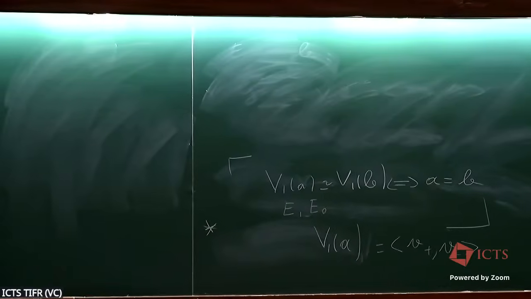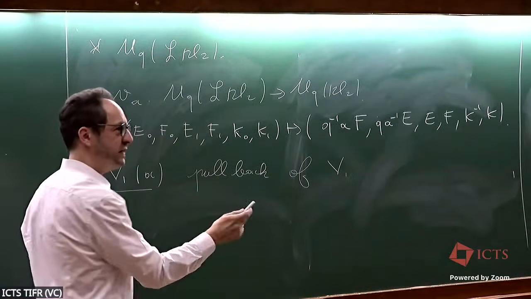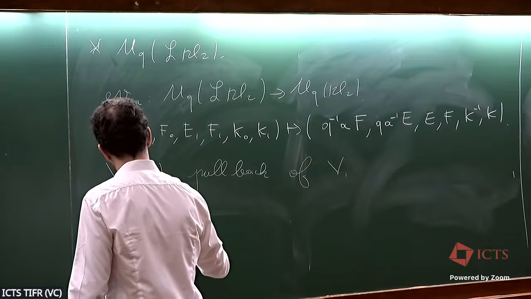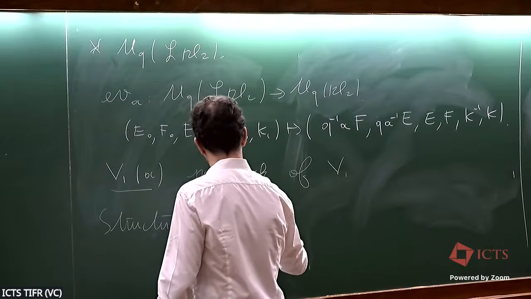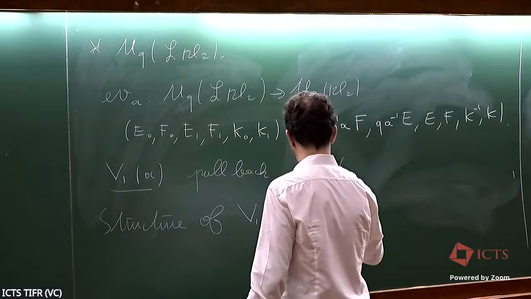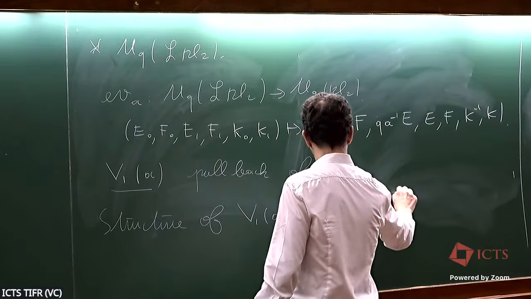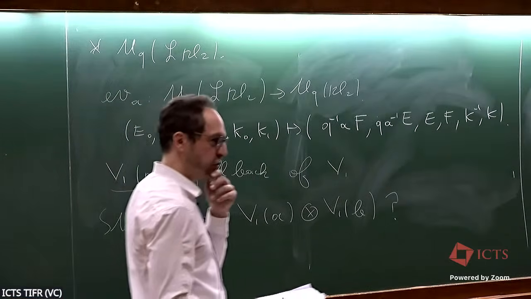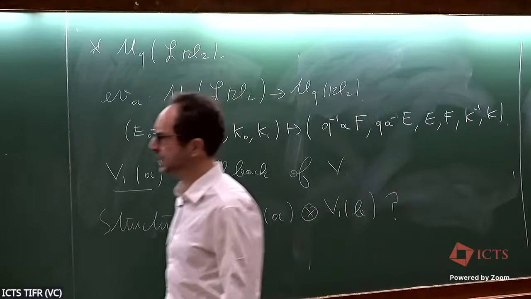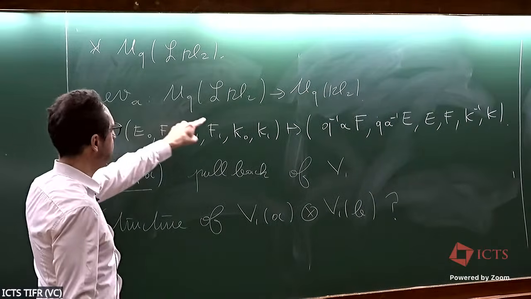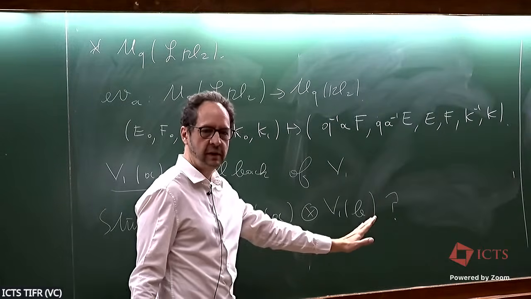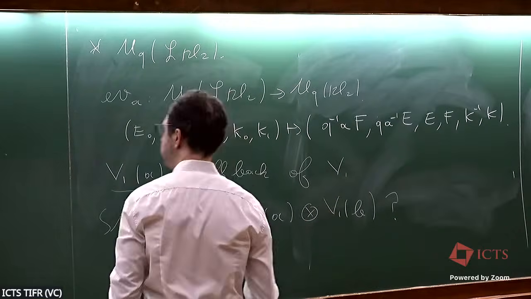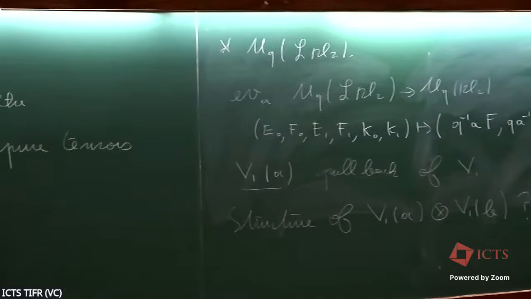So we know explicitly this module, and so we may want to investigate tensor product as the structure of V1 A tensor with V1 B. And in fact, it's quite interesting structure. So what we know already is that if we restrict the action to UQSL2, we have only two proper subspaces which are submodules. So I will denote it maybe W1.